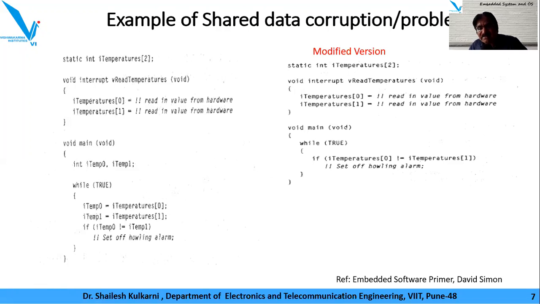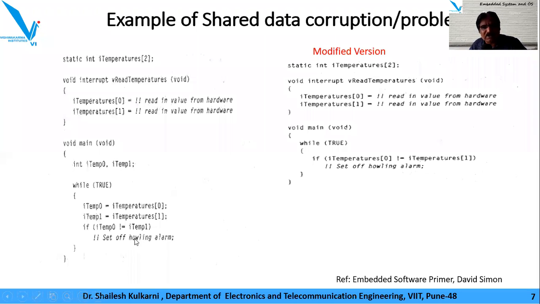But this statement is written in C, and it has equivalent instructions in assembly to compare, right? So unless the whole assembly part is guaranteed to execute in a single shot without an interrupt, I again land up in the same problem.